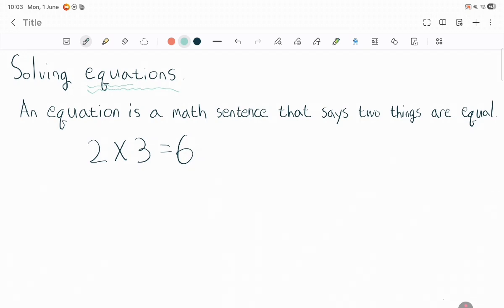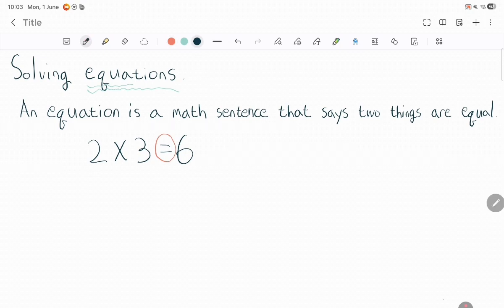So it has an equal sign in an equation, and it just says those two things are the same. So 2 times 3 is the same as 6, obviously.